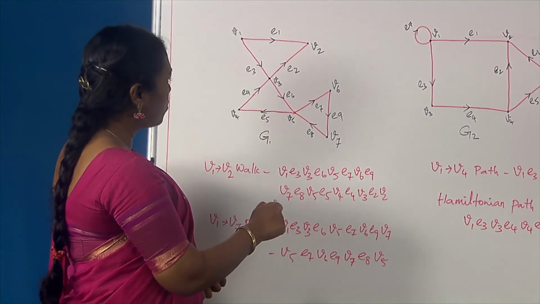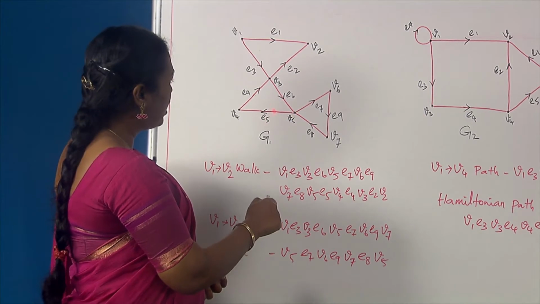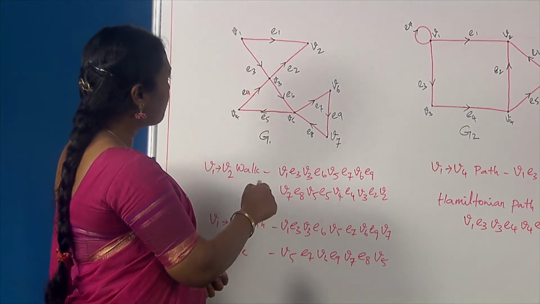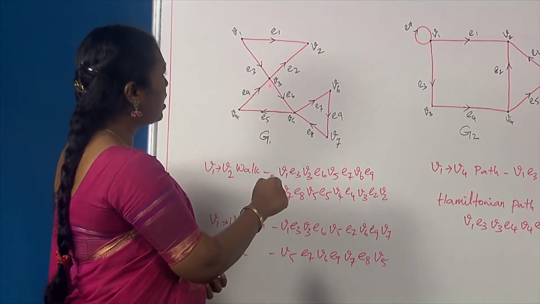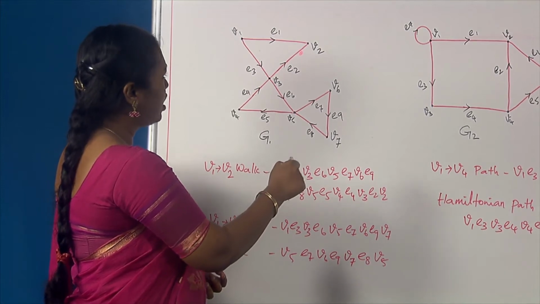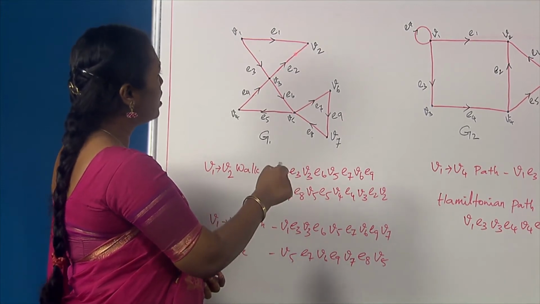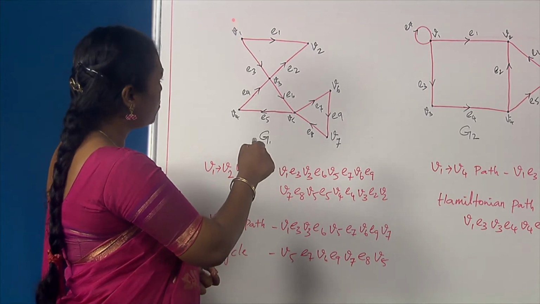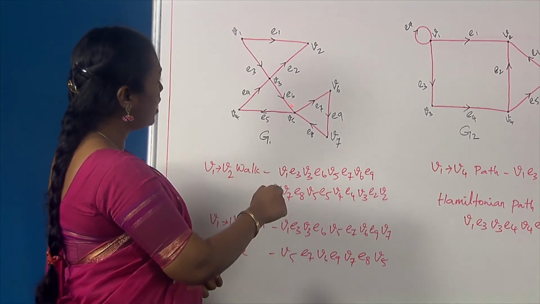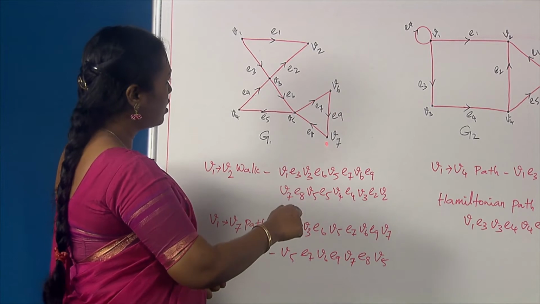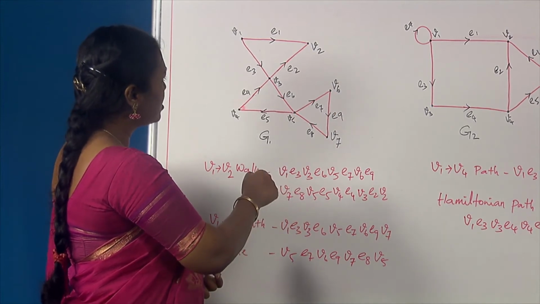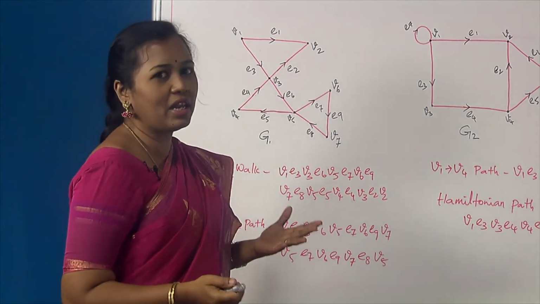Then E5 to V4, through E4 to V3, and from V3 to V2 I am taking the edge E2, and I am coming from V1 to V2. So let me show that again for you. From here I am going all the way down here, going here, here, and then going like this. So this is the meaning of a walk.